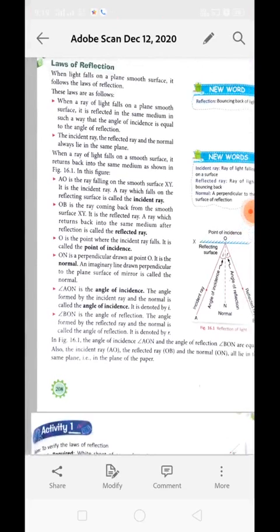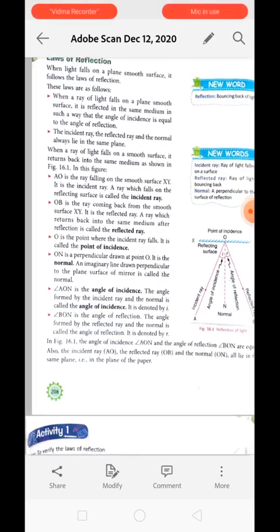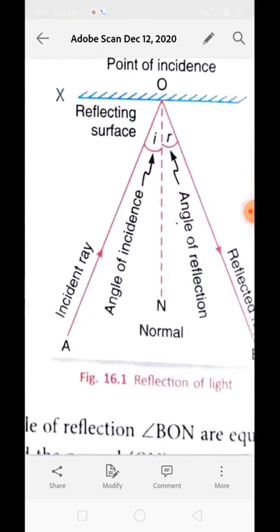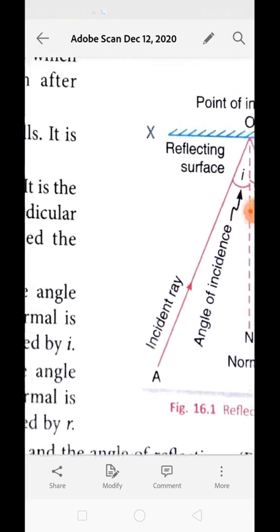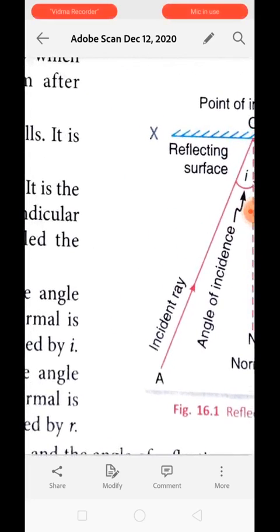The first law is: when a ray of light falls on a plain smooth surface, it is reflected in the same medium in such a way that the angle of incidence is equal to the angle of reflection. To understand what the angle of incidence is, see the diagram. This is the incident ray, meaning the ray of light which is falling on the surface.